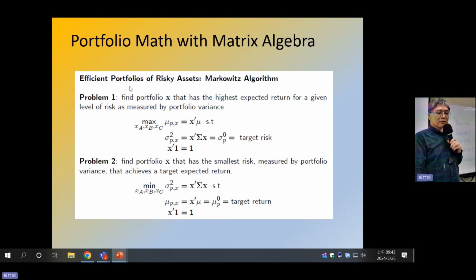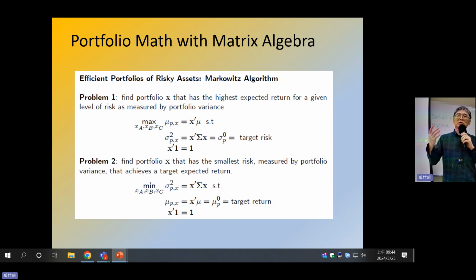So this is about the GMVP. And then we have another problem, because we just talked about the GMVP, the only portfolio that has the minimum variance globally. But in fact, we can also generate many minimum variance portfolios for a given rate of return.